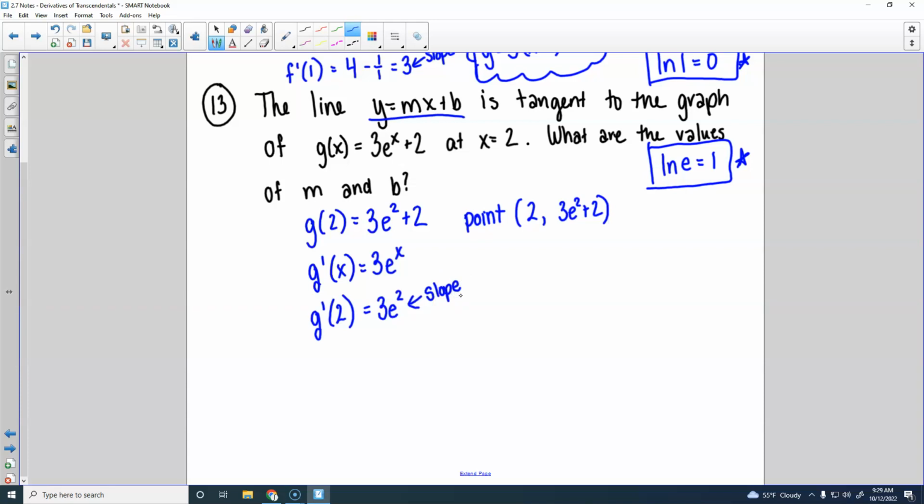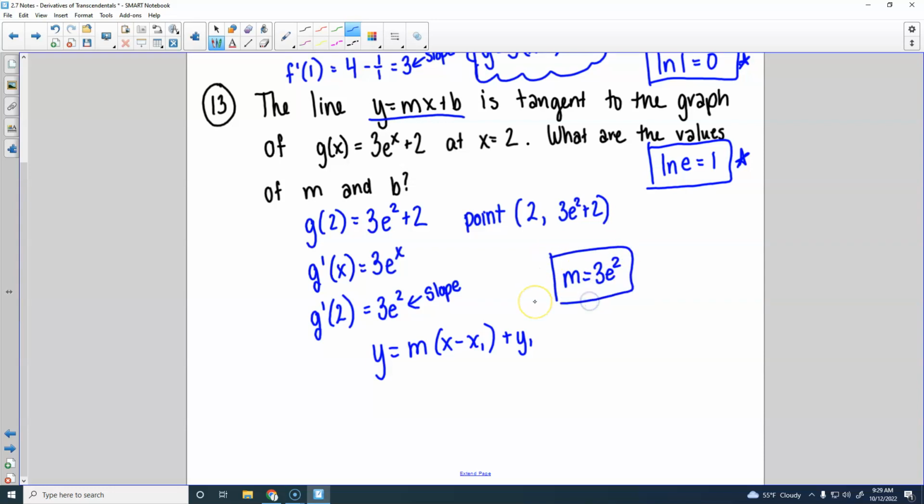And so just like every other problem, we are plugging into y equals m times x minus x1 plus y1 here. We are going to need to do this to find our b. So we could go ahead right now and say m equals 3e squared.